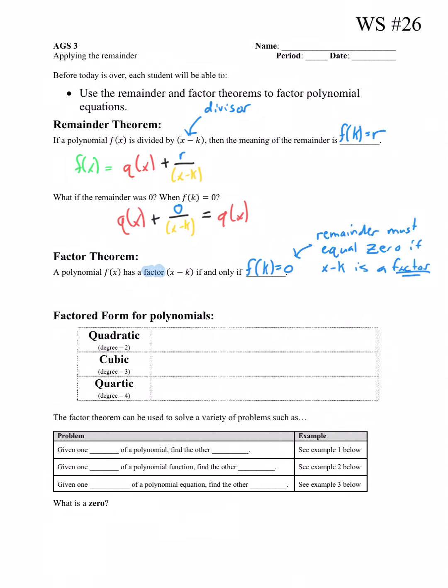If I give you a factor and say, hey, this term is a factor, that means the remainder has to equal 0. Okay?